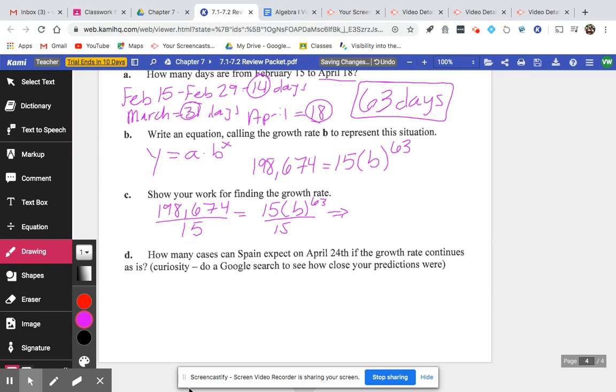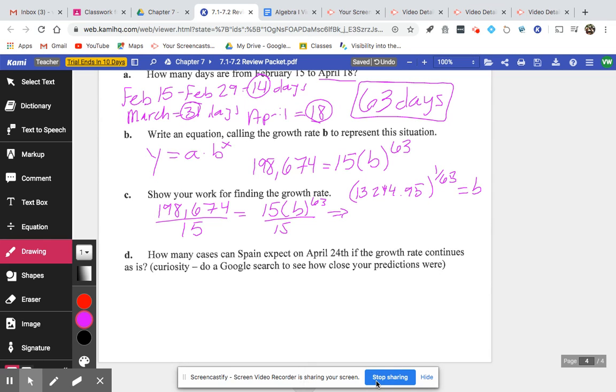From here, we do 13,244.93 with the 3 repeating. We want to take this to the 1 over 63rd power, and that'll get us b.